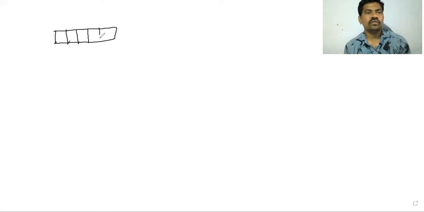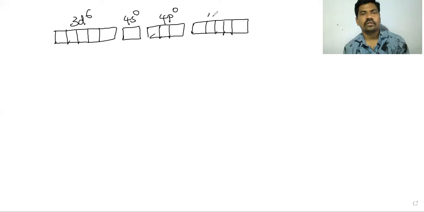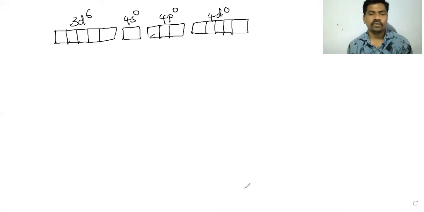This is the 3d level, 3d6, then 4s0, 4p0, and 4d0. Now 6 electrons are arranged like this.